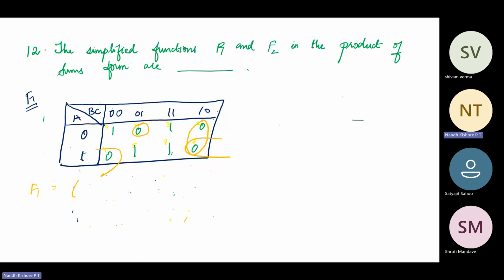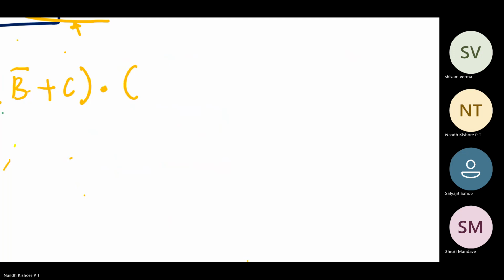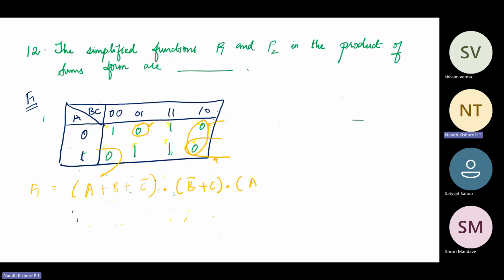So this particular 0 can be written as A plus B plus C bar. So this is done. And let's write this particular combination, which means that A is changing, so B bar plus C. And this particular combination can be written as A is fixed 1, so A bar, and B is changing and C is fixed, A bar plus C. So is this fine?